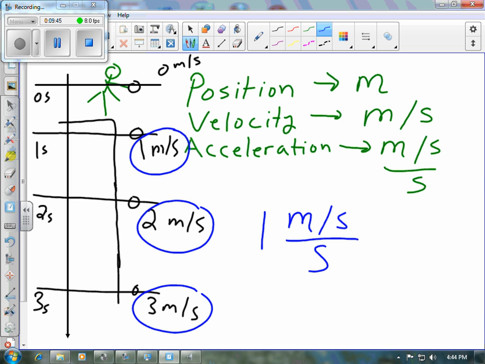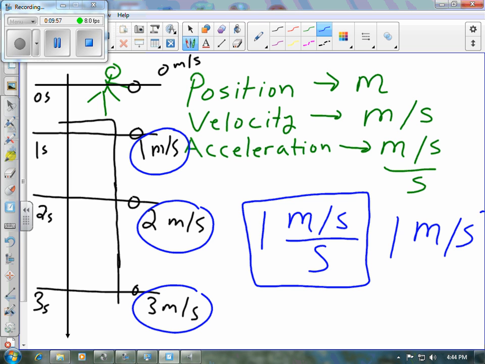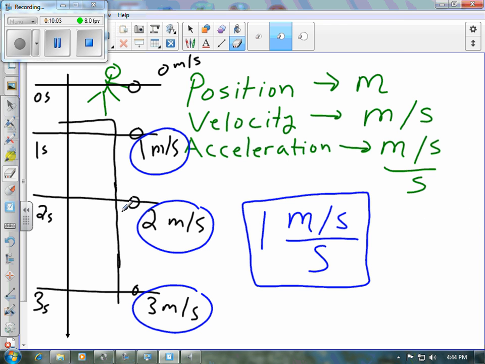Now, this is not normally how you write this. I'm writing this just to help us learn it. The way you normally write it is 1 meter per second squared. That didn't come out very good. Let's try it again. Okay.